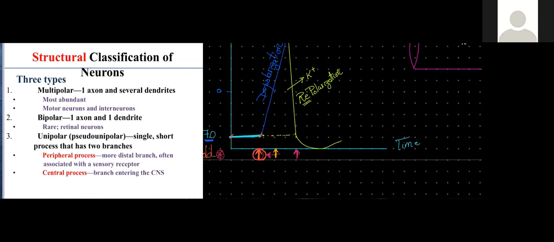We call this phase of the action potential hyperpolarization. What I mean by hyperpolarization: I'm even more polarized than my resting membrane polarity. Hyperpolarization, extra polarized. I am more negatively charged.